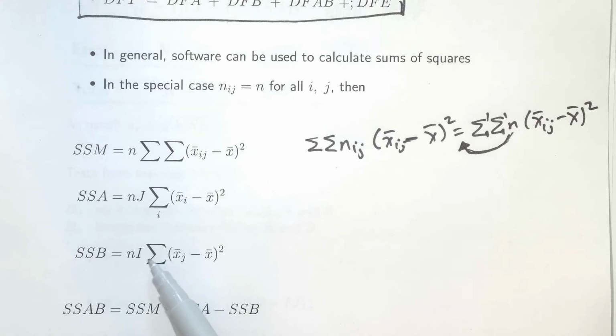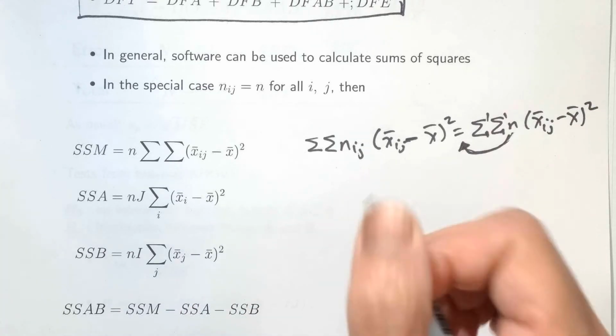When we write this as a double sum over I and J, the Nij's become N's. This term does not include an I. So for every value of little I, we end up getting capital I of those. So we have capital N times capital I times the squared difference between each of the factor B means and the overall mean.